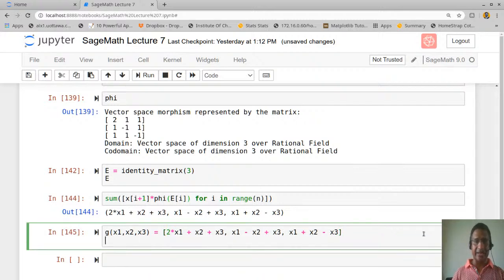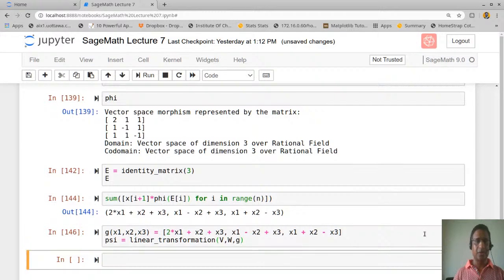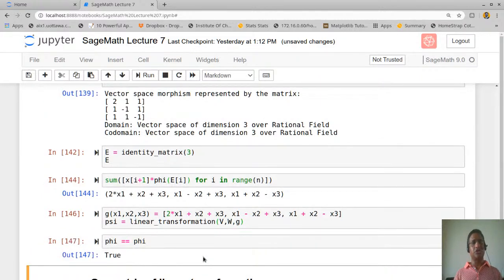Now we want to define a linear transformation, let me call this psi, a linear transformation with domain V, codomain W, and the image is g, right? And you want to check whether psi is equal to phi. The answer is true. So you have verified that these two are one and the same thing.